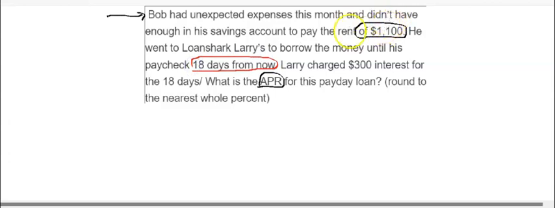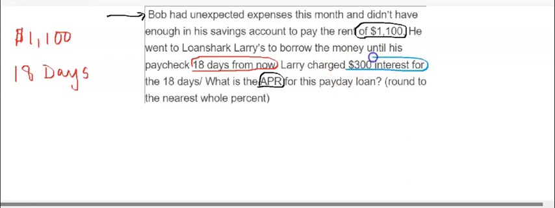So again, highlight all the key information. He's going to borrow $1,100 for his rent, and he only needs it for 18 days. Once he gets his paycheck, he's going to pay back the money in full, plus the interest. Here's what Larry's going to charge him: $300 in interest for 18 days.